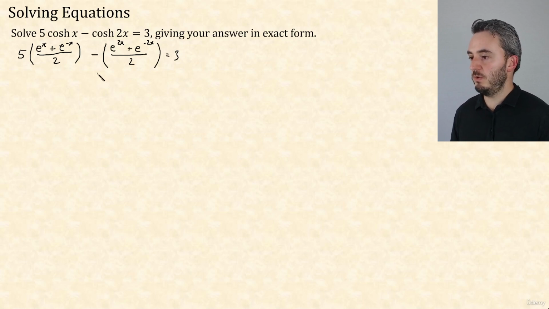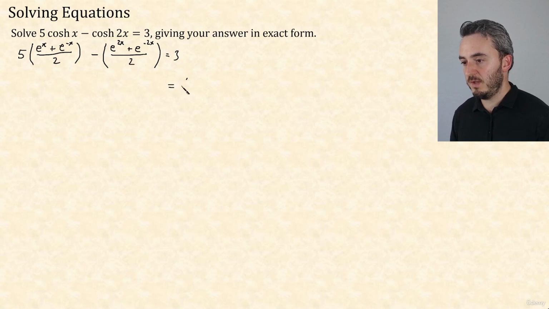So what can we do here? Well, we could multiply everything by 2 and expand. So I'm going to get 6 over here. Now I've got 5e to the x plus 5e to the minus x. And here I've got minus e to the 2x and then minus e to the minus 2x.